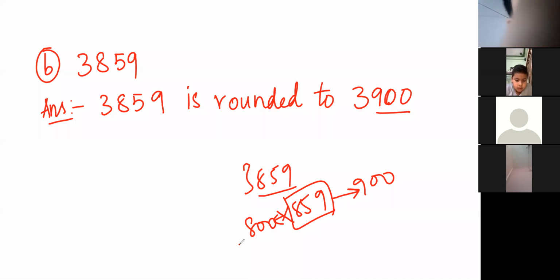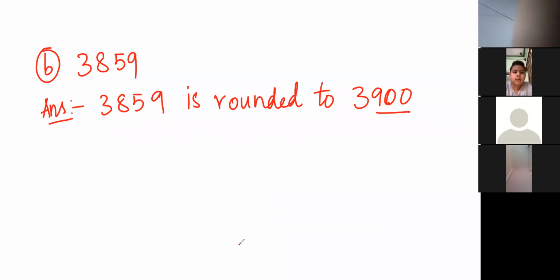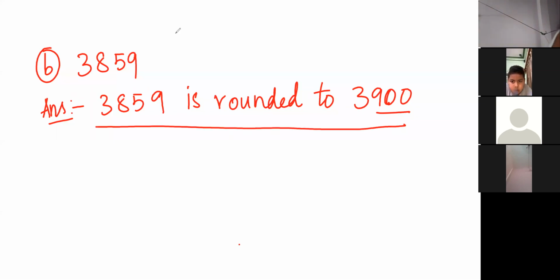That means 3859 is rounded to 3900. This is the answer. In this manner you have to write while attempting the answers. When a question is given like round off 3859 to its nearest 100, then the answer is this one. In this manner you have to write 3859 is rounded to 3900.